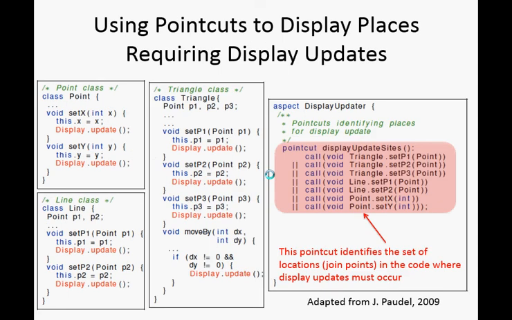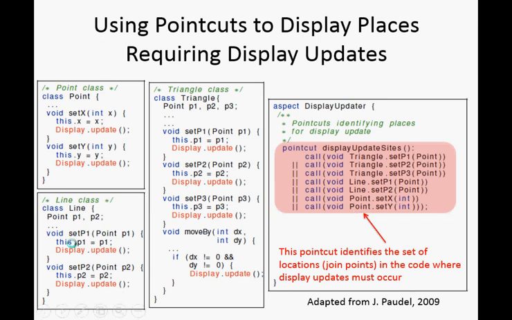So the idea here is that we're going to define a point cut, which is going to indicate the set of join points, as specified by the point cut, where these display updates must occur. And by specifying this, ladies and gentlemen, in a point cut, we're going to be able to introduce some logic there that will handle it in a consistent way.